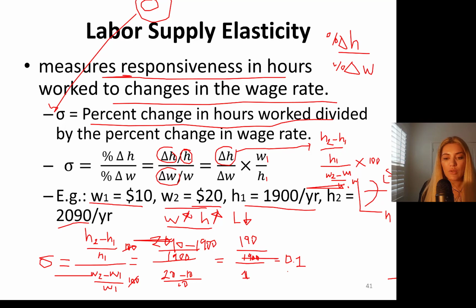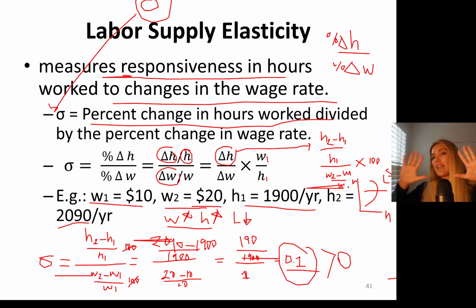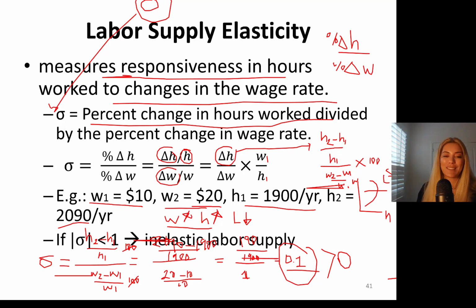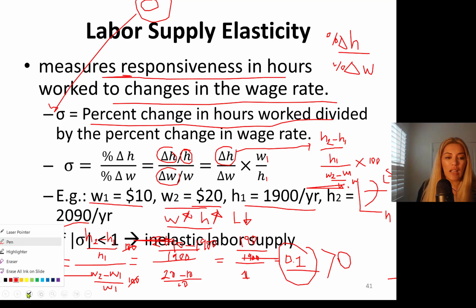So 0.1, this is a positive number. Substitution effect dominates. In English, this means if the wages go up by 1%, you're going to increase the hours by 0.1%. Multiply this by 10: if the wages go up by 10%, you're going to work 1 more percent in hours. That's what it means.